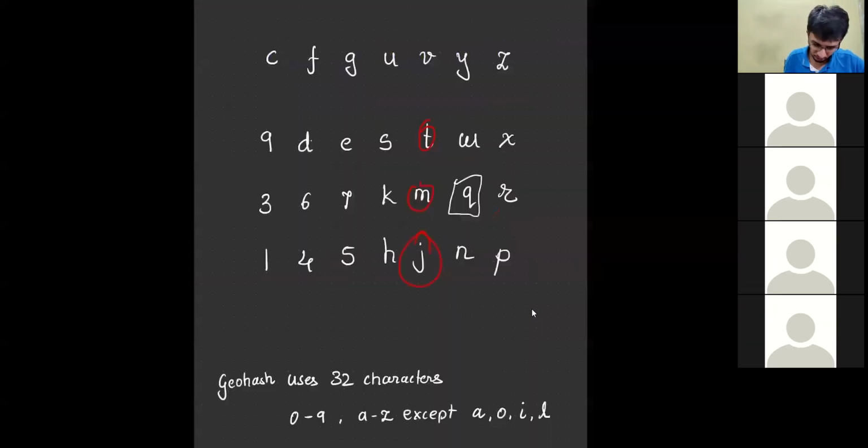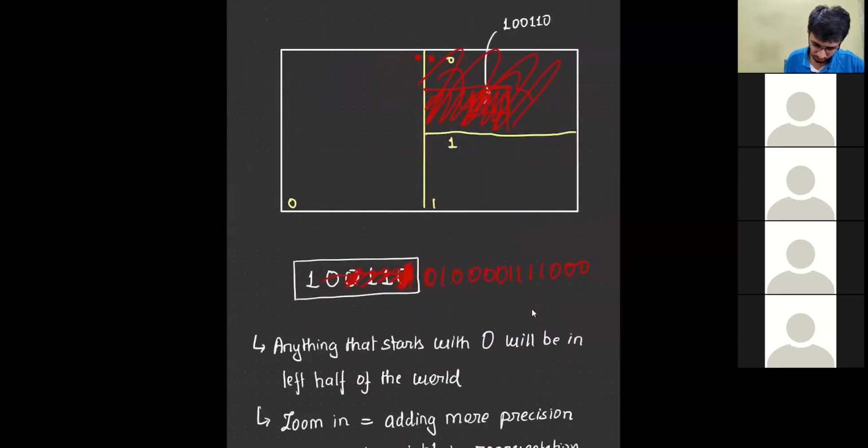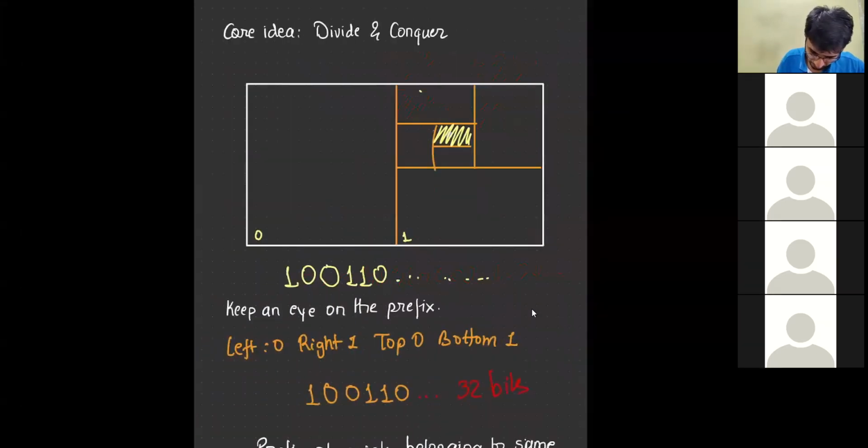For example, if I talk about this point and this point, in the prefix there would be just one character change, and almost everything else would be the same. So instead of a very hard prefix match, we can check whether the edit distance between the prefixes does not vary by more than 2 or 3 characters or bits.